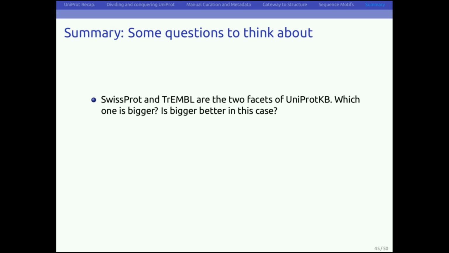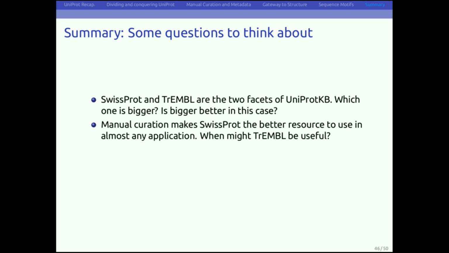Is it just good that we have a huge database of proteins? TrEMBL isn't bad. It does go through a lot of automatic annotations. But I will pretty much say that SwissProt is the database you want to be using. Just because we know that the quality is going to be very, very good. And so you're less likely to make mistakes if you use data from SwissProt than from TrEMBL.